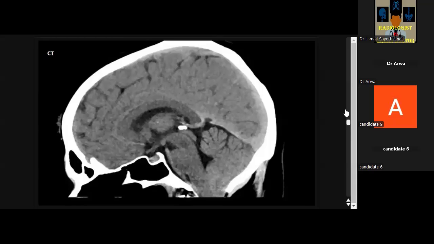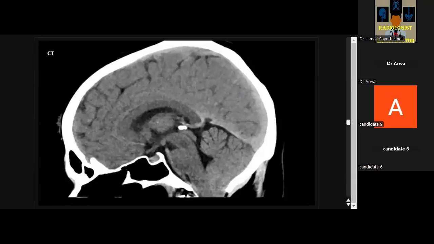I cannot see any associated abnormalities in the brain, corpus callosum, midline structures, sulci or posterior fossa. So the appearances are likely in favor of Chiari 1 malformation leading to the tonsillar herniation. I will just comment on the presence or absence of hydrocephalus.